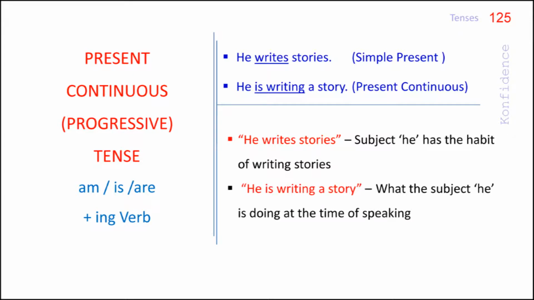But the present continuous sentence, he is writing a story, does not suggest this. It merely tells us what the subject he is doing at the time of speaking. One shows habit and the other a continuous action in the present. You should understand such differences in meanings if you are to communicate your ideas clearly.